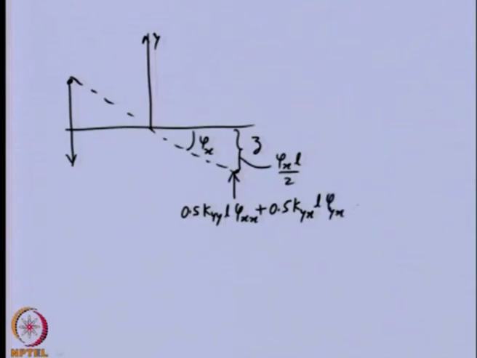This is due to the cross coupled stiffness. Sorry, this is x, this is x, and this is y, because this particular force will come due to the displacement and tilt about the y axis. Similarly, we will be having damping terms.